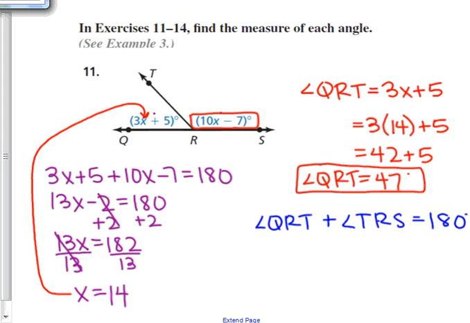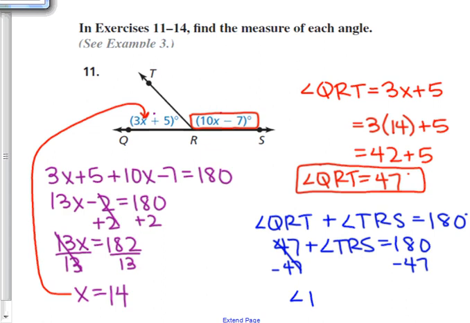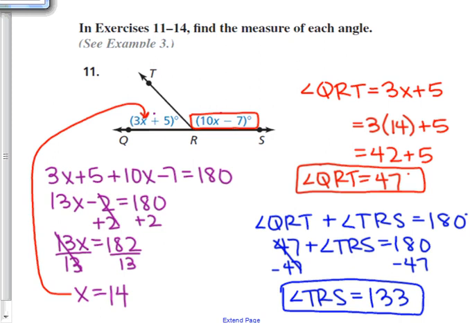Well, I actually know what angle QRT is. It's 47. I don't know what TRS is. I could have used all my math and plugged x back in again. But what I can do is just subtract 47. Let's see what that other missing part is. So angle TRS is actually just 133. And that's my answer for my second one. 133 degrees.